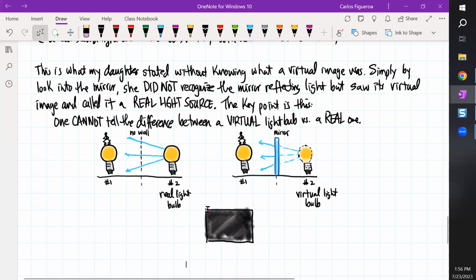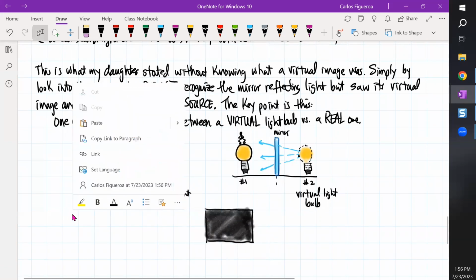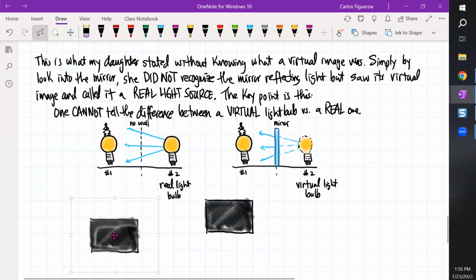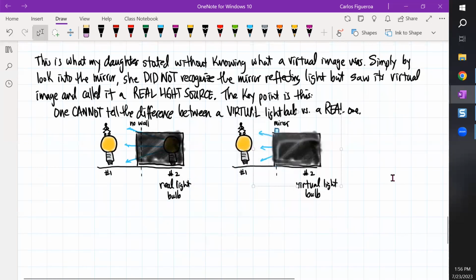If I copy this guy, paste it, and move this guy over here, I can't tell the difference between each of these situations.